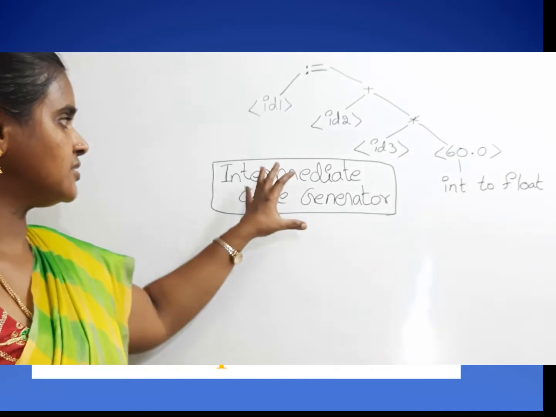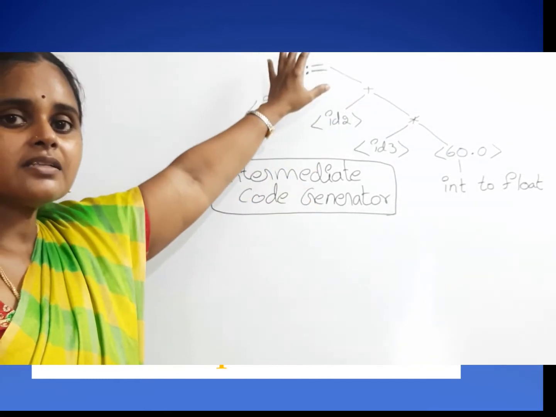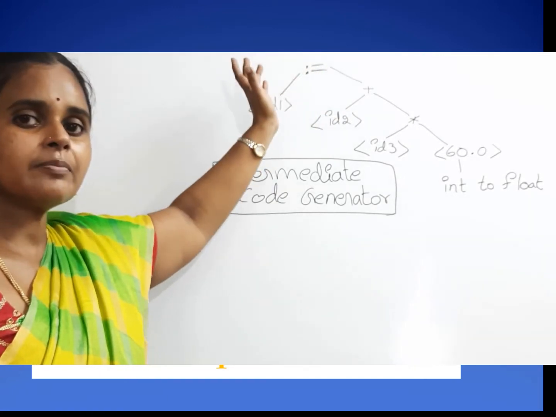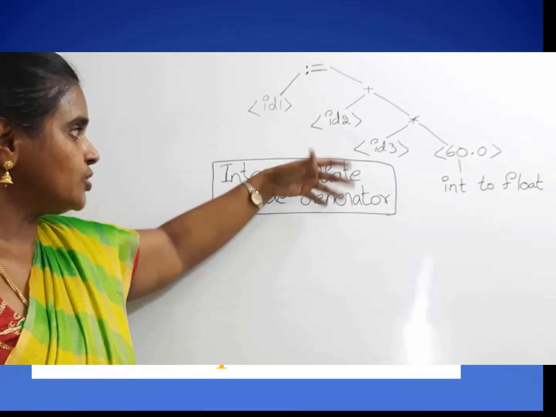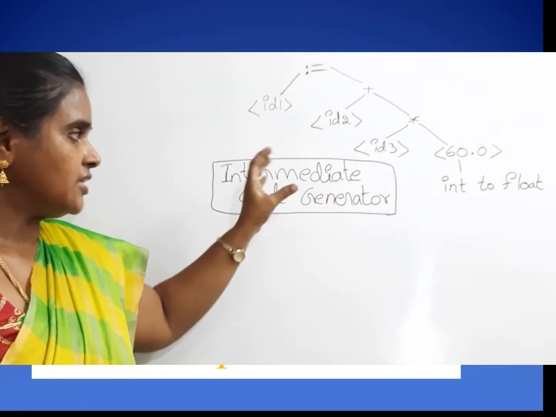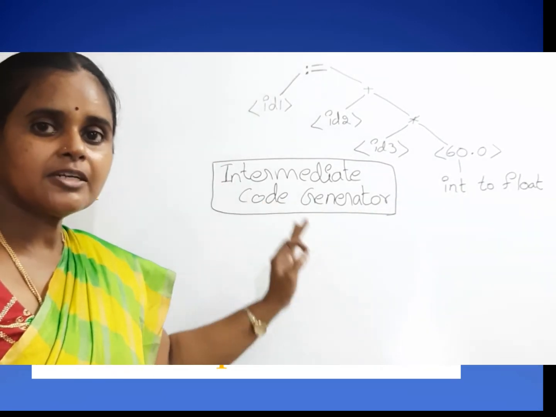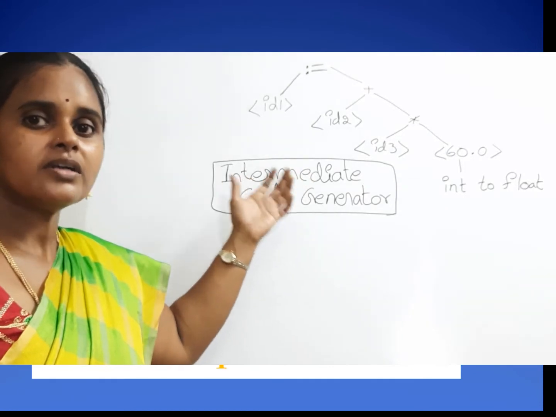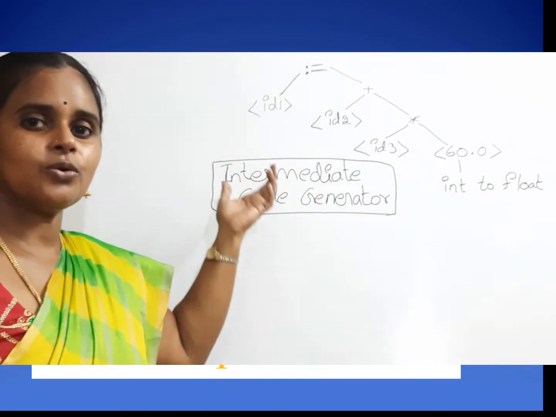The input for this phase is the parse tree generated by our semantic analyzer. This parse tree is going to be represented in terms of an intermediate representation, which is the output of the intermediate code generator. As the name itself suggests, this is a code generator.